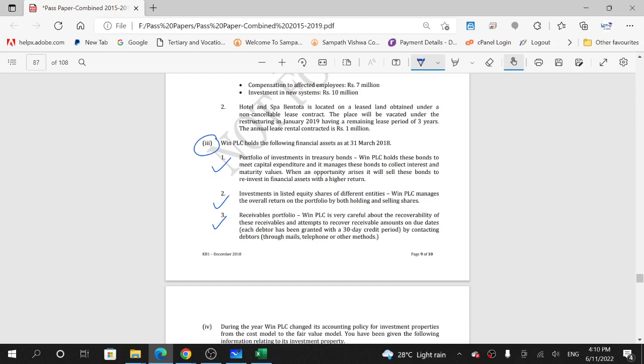Therefore, this should be classified as fair value through P&L.